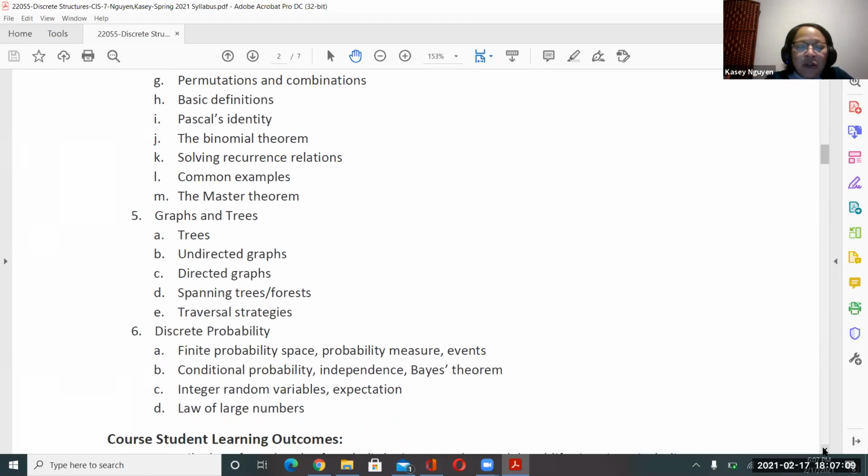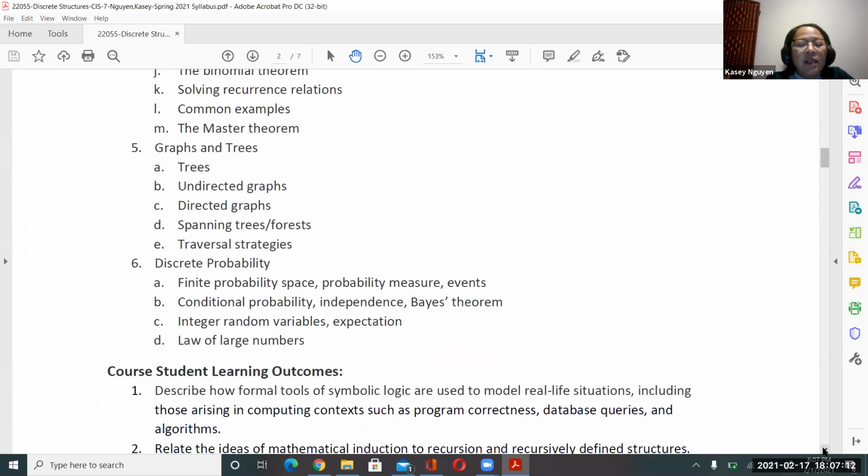And as I mentioned earlier, we'll touch on probability, looking at Bayes' theorem, random variables, looking at how we can select something or a combination. And the example that I like to use is, if somebody is trying to crack an ID or a password, how many combinations is it going to be?